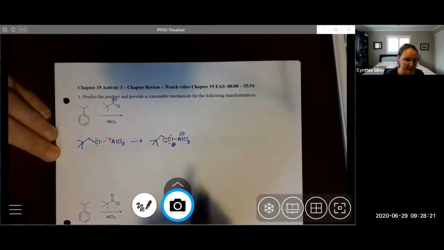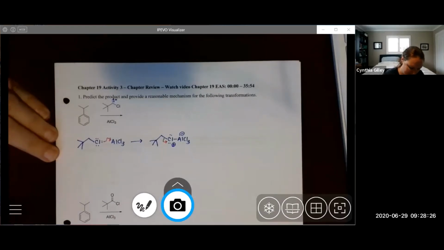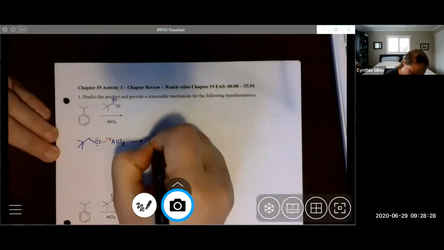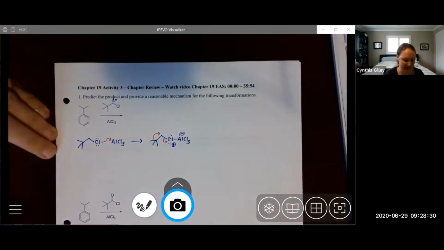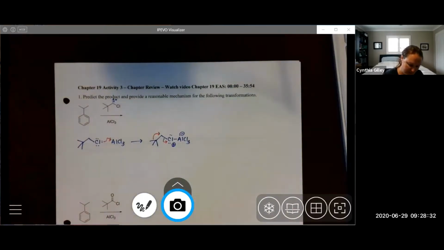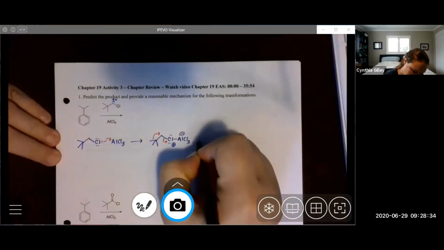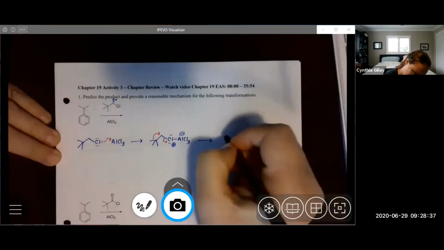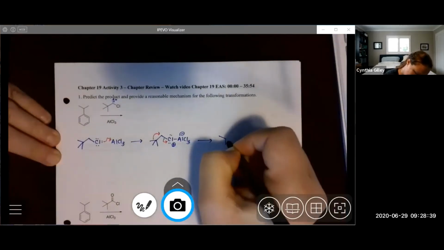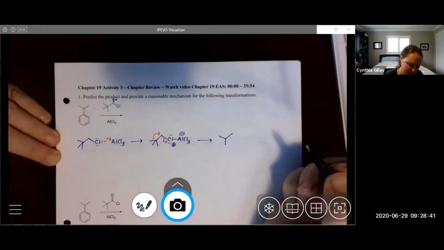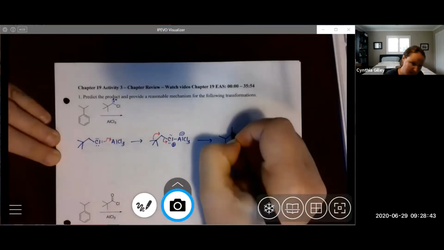If I just drew this arrow, I would have to draw a primary carbocation. That's not good. So instead, I'm going to do a simultaneous hydride shift to generate a much more stable intermediate. Sorry, I keep saying hydride shift, but of course what I'm doing is a methyl shift.